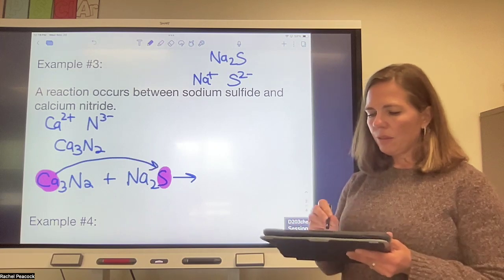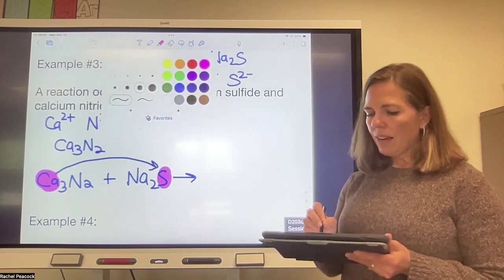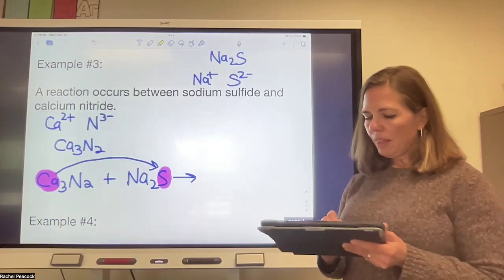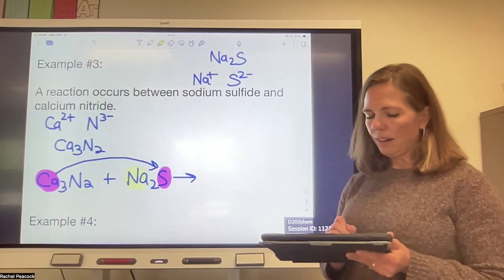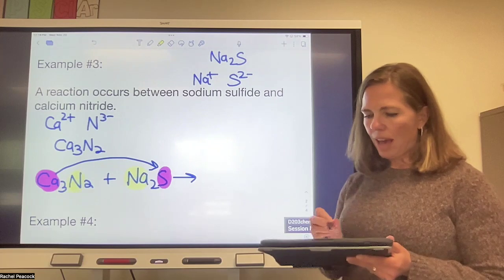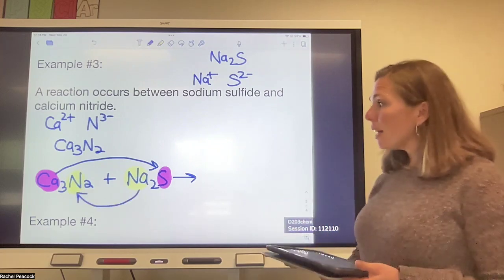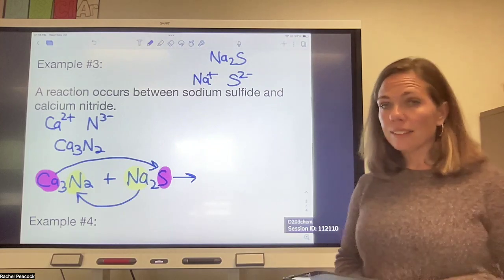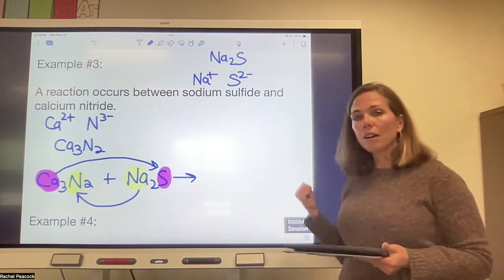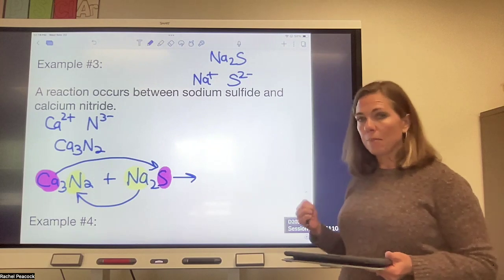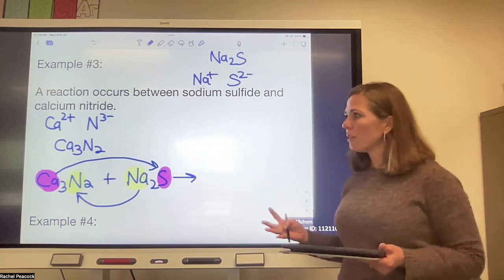So those two are going to get together. Then I'll use a different color. This cation here is going to go with that anion there. And you'll notice I'm not highlighting the subscripts because the subscripts don't go with the symbols. You're going to have to figure out the new subscripts.